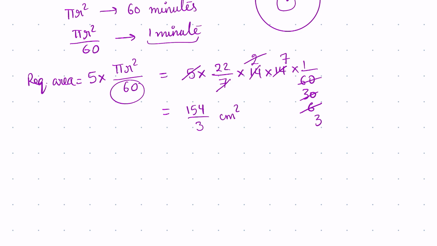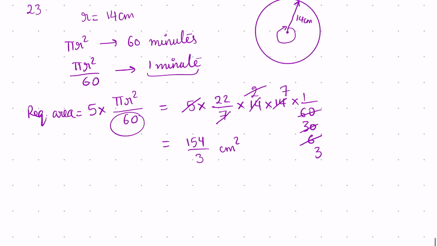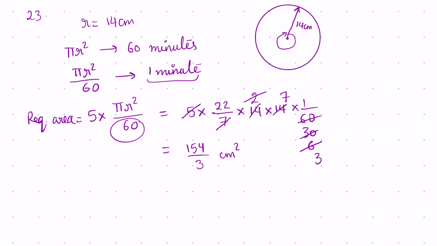Okay, I hope you understood. So it's fairly simple. In 60 minutes it will sweep the entire area of the circle, which is pi r squared. So in 1 minute it will sweep 1 by 60 of that. In 5 minutes it will sweep 5 times 1 by 60 of the whole area.